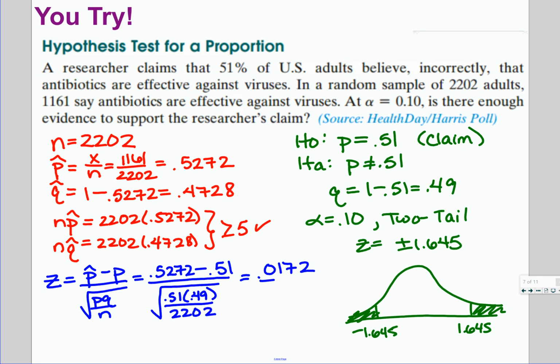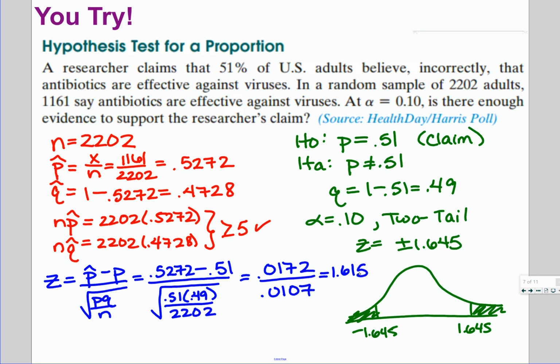That's .0172. Multiply those together, take the square root, 0.0107 about. And I get 1.615.